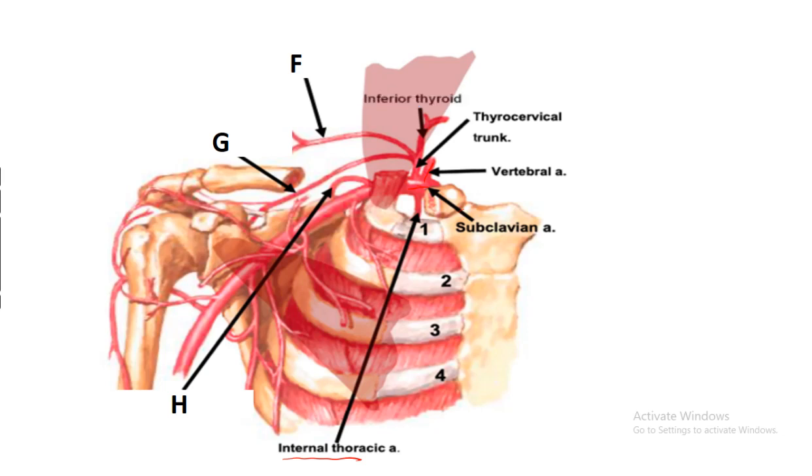The first one is the inferior thyroid artery. Then you are going to have the transverse cervical artery. Then you are going to have the suprascapular artery.